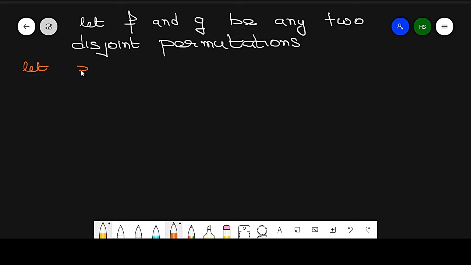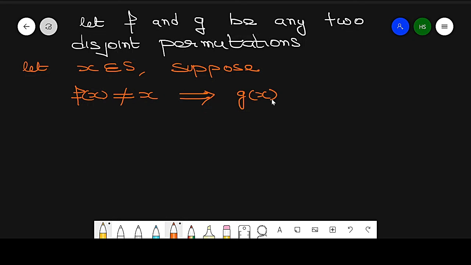Let X belong to S and suppose F of X is not equal to X, which implies G of X is equal to X. Now let F of X be equal to Y. So X and Y are distinct, that is, Y is not equal to X.